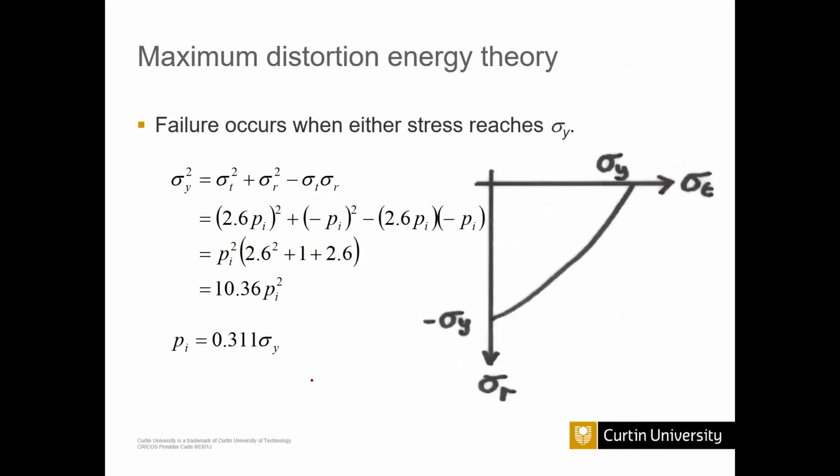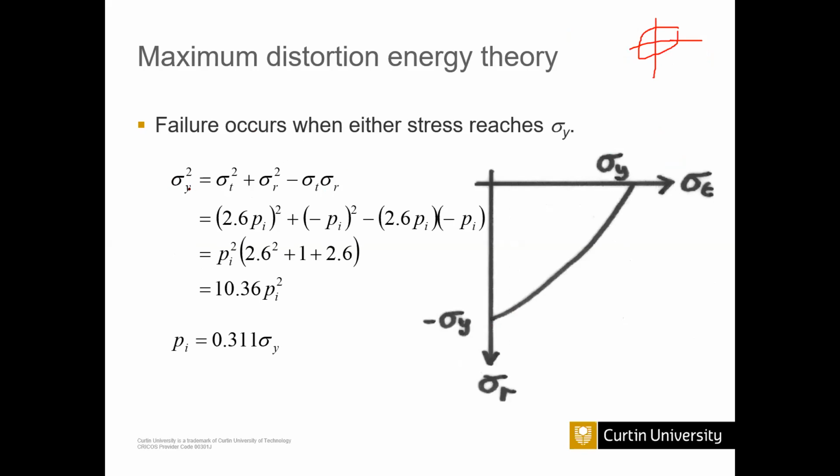So the maximum distortion energy theory, von Mises theory. In that theory, hope you remember that there will be this kind of oval-shaped boundary line. So this is the equation of that ellipse.